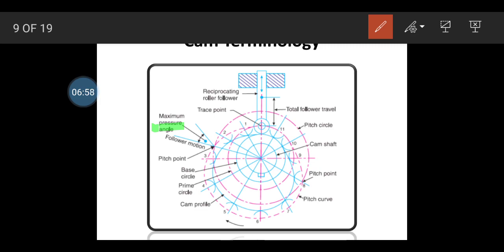Here the cam angle is the angle of rotation of the cam for the definite displacement of the follower. The angle turned during the fall is called the return or descent. Now coming towards the cam profile. This is the part of cam profile.